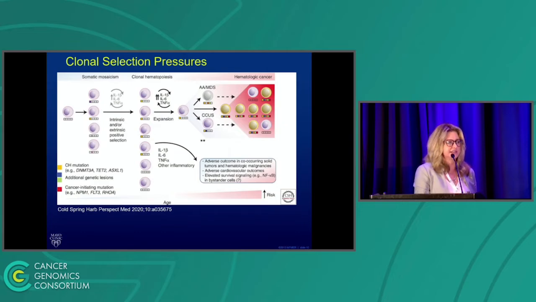So there's clonal cytopenia of undetermined significance, aplastic anemia, MDS, and then they transform into an overt heme malignancy and AML.